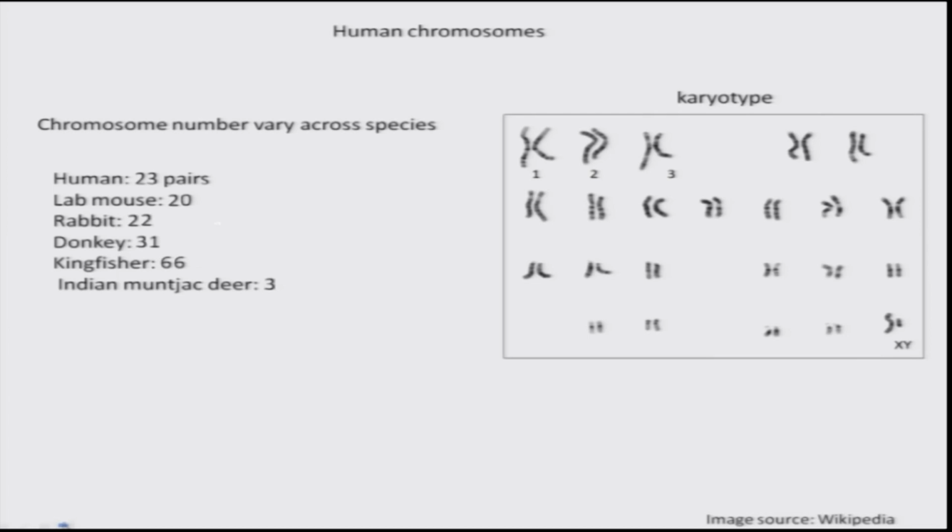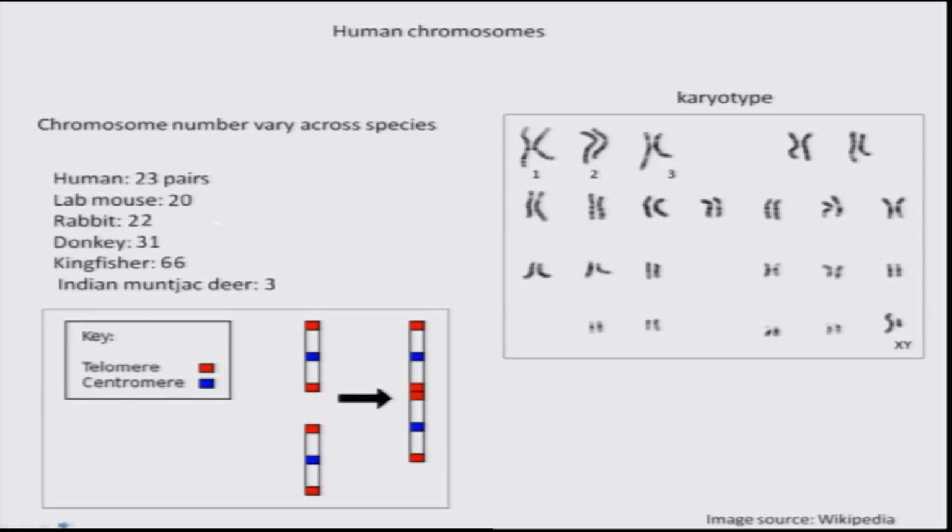Among the mammals, we do have variation, except for example, if you remove the bird, the rest of them are mammals. There is a variation in terms of the number, but what is known is that the amount of DNA present in a cell is pretty much the same, regardless of how many chromosomes you have.